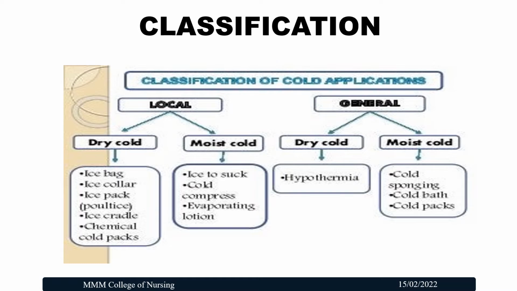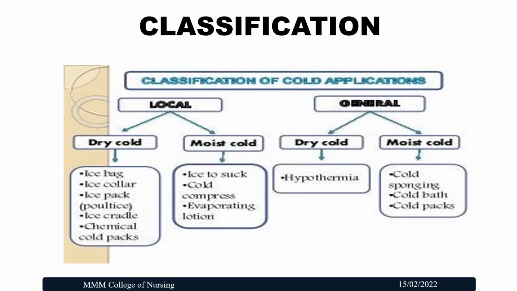Classification. Classification of cold application is divided into local cold application and general cold application. Local cold application is again divided into dry cold and moist cold, and general cold application is also divided into moist cold and dry cold.